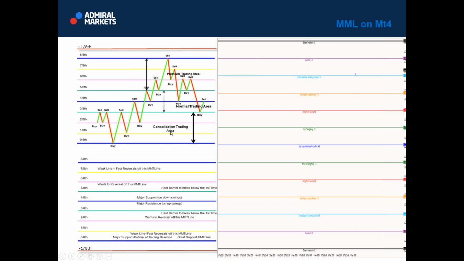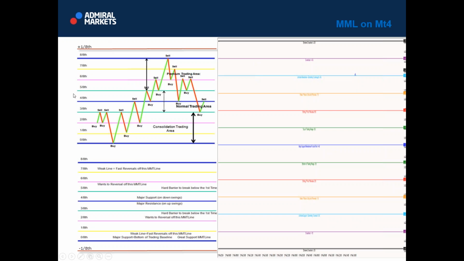So you should always be paying attention to these lines. Weak line, 5-8, hard barrier, major, minor, all these important things are also written on the Murrey Math indicator itself. So all this, what you see here, is written. Now this is good for you if you want to take a snapshot.